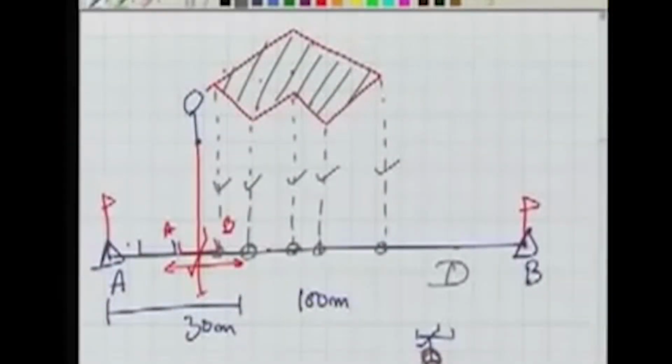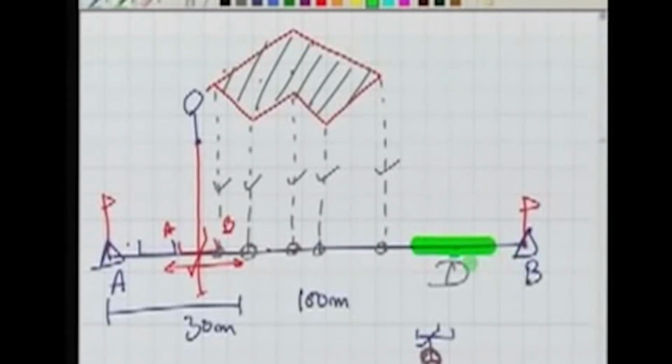You are moving along this line AB, the base of your staff you keep at D. Once you have kept it at D, then you are looking through A to B, ensuring that your cross staff is aligned in such a way that you are looking through A and B. It is aligned along line AB.